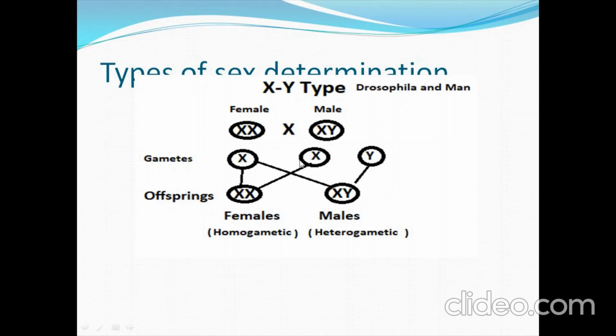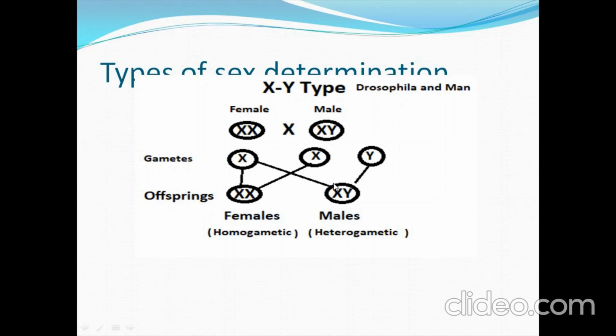If the sperm carrying the X chromosome fuses with the egg, then the resulting individuals will be females. And if the sperm carrying the Y chromosome fuses with the egg carrying the X chromosome, then the resulting individuals will be males.